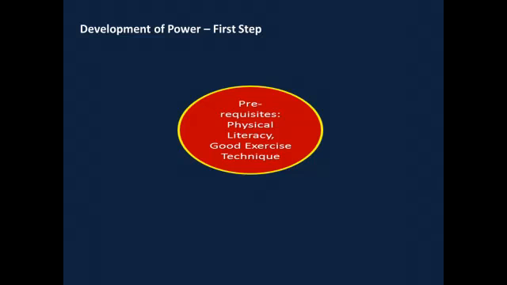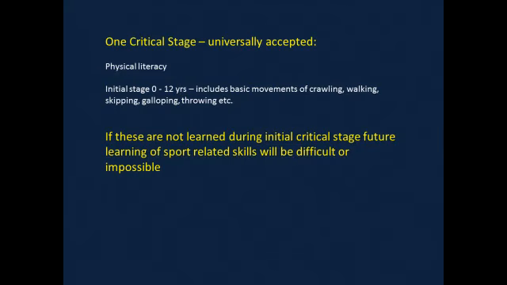One of the first things that you need to do is make sure that physical literacy is developed and that you also have good exercise technique. By physical literacy, this is what we're talking about. There are certain things that need to happen when you're a child.